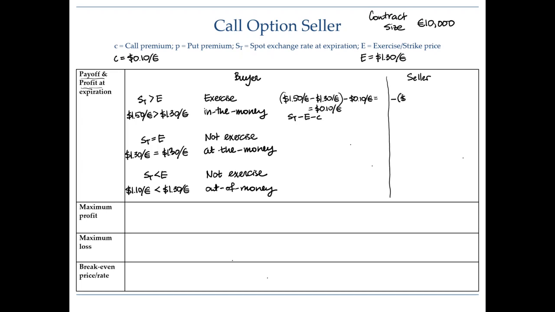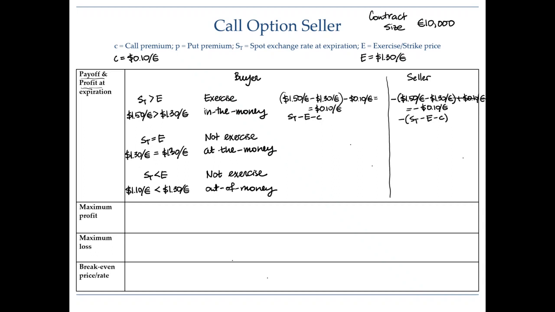The seller is going to lose 20 cents per euro if the future spot rate happens to be $1.50. But of course, this loss is lessened by the fact that they collected a premium of 10 cents per euro, so the total loss for the seller is 10 cents per euro. So essentially the exact opposite of the buyer.